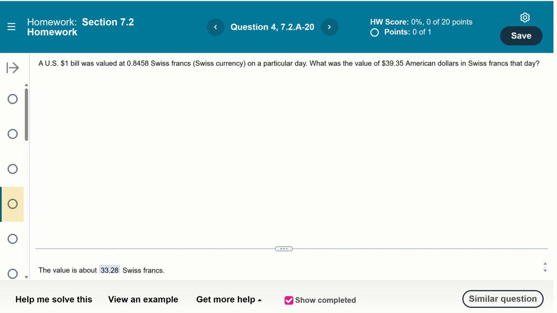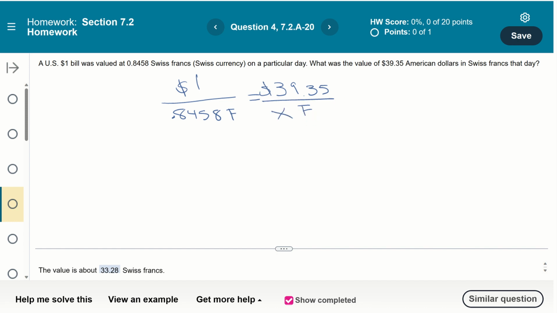So you can actually set up a very quick proportion. You can say $1 is to 0.8458 francs as $39.35 is to how many francs, and you just solve it.